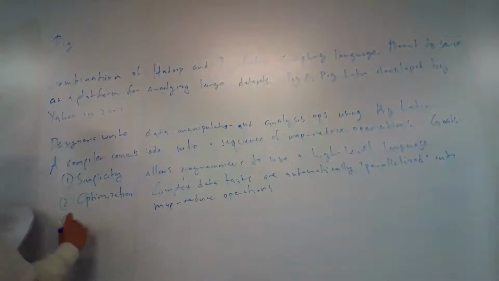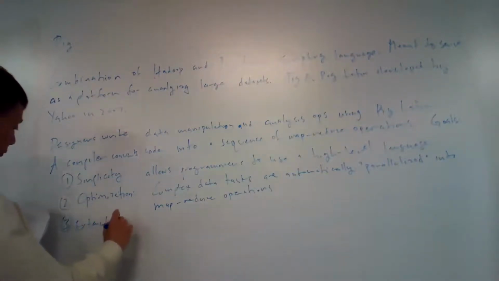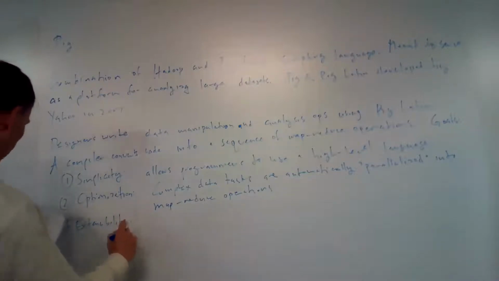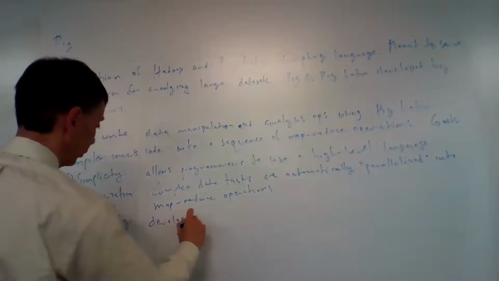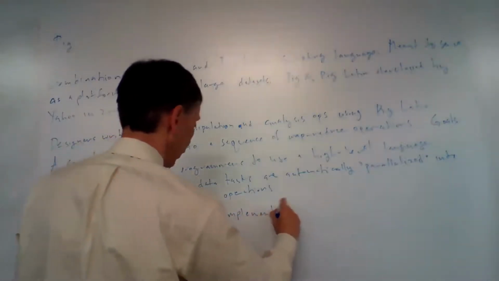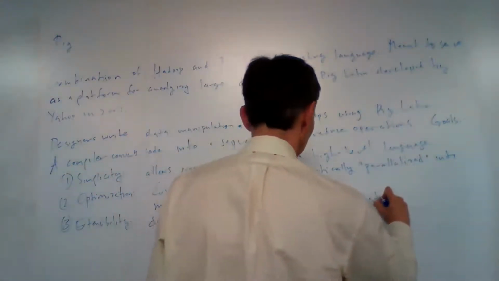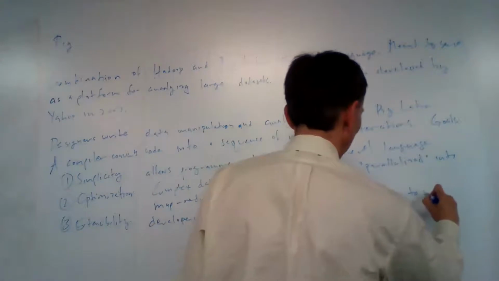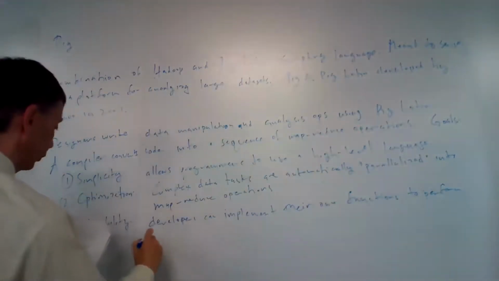And then it's extensible. So extensibility was the third goal. Developers can implement their own functions to perform any special purpose processing.